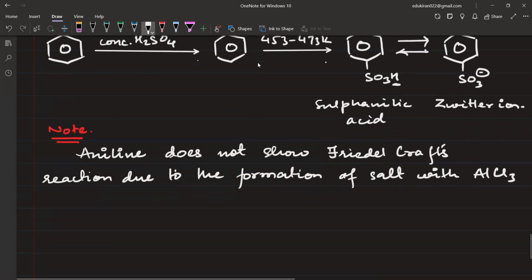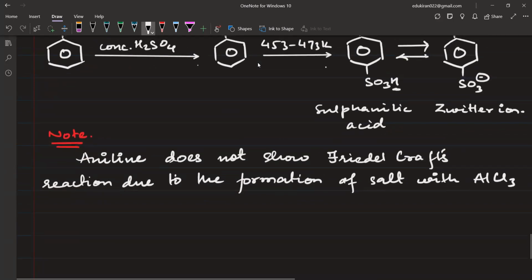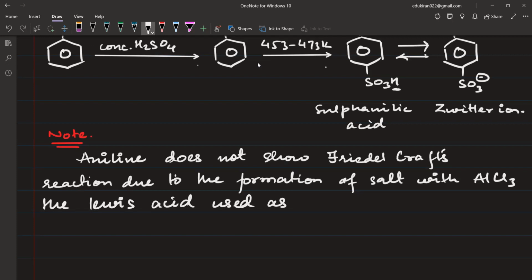In Friedel-Crafts acylation and Friedel-Crafts alkylation, we use AlCl3, the Lewis acid, as the catalyst.